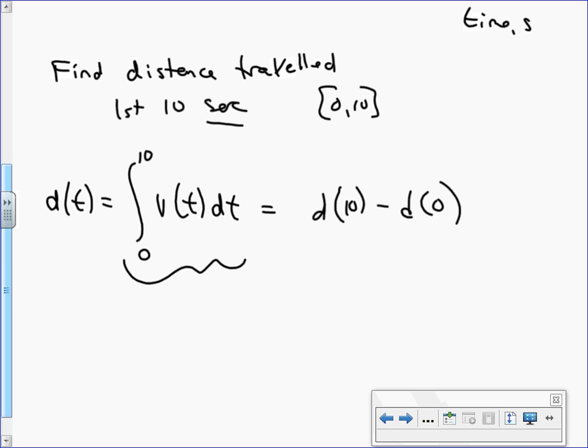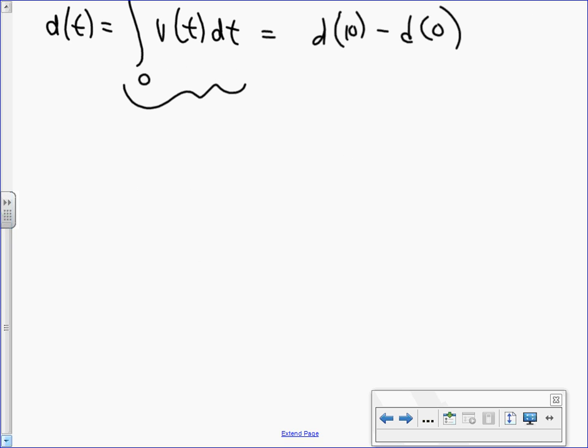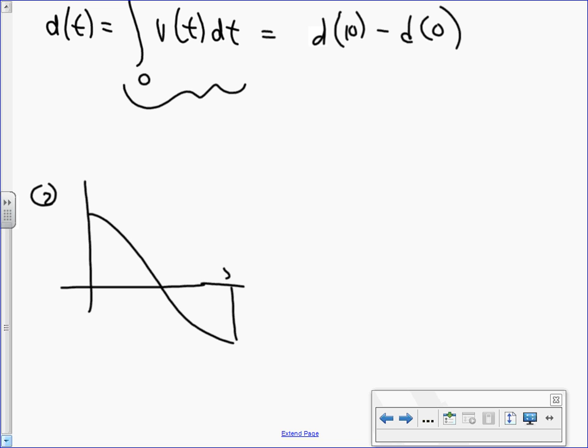Okay? I'll give you a second picture of velocity. And this time we have some positive velocity and we have some negative velocity. Okay? Here, positive velocity, and here we have negative velocity.